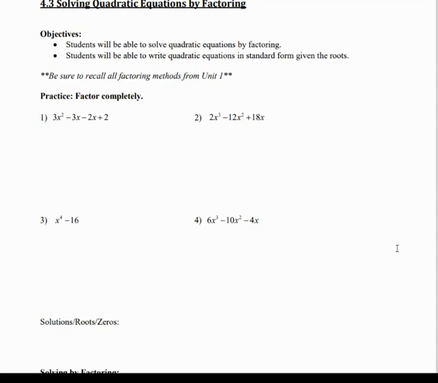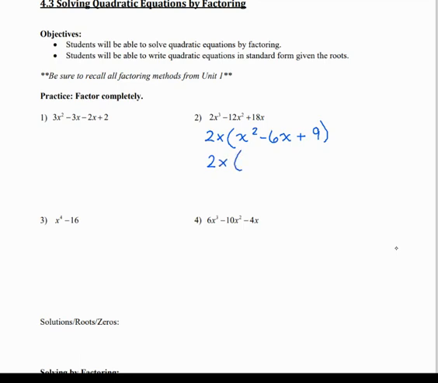So for number 2, I see here that I have a GCF, right? That's the first thing I always check for. So that GCF is 2x. I will factor out 2x, and I'm left with x squared minus 6x plus 9. From there, I look to see if I can keep factoring. That 2x is my GCF. That just stays out.